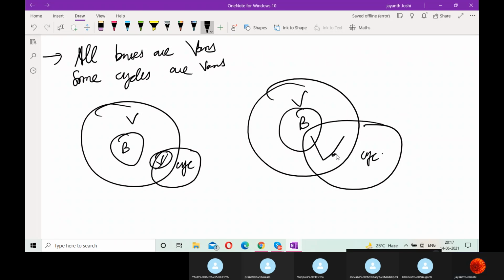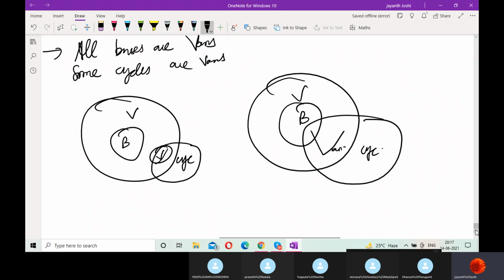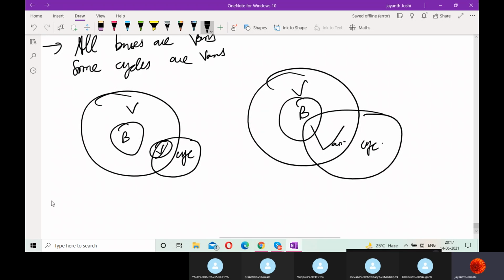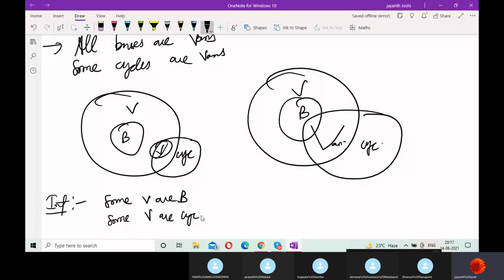Okay, so what can we infer out of this? If all buses are vans, some vans are buses. Okay, some cycles are vans, some vans are cycles.